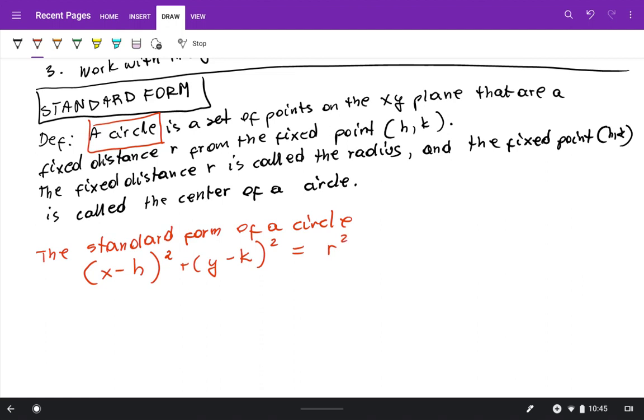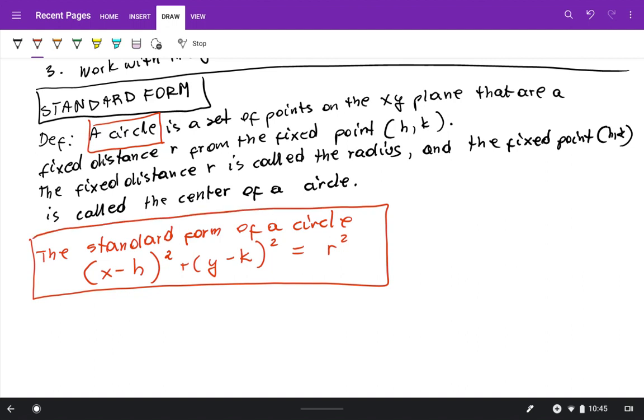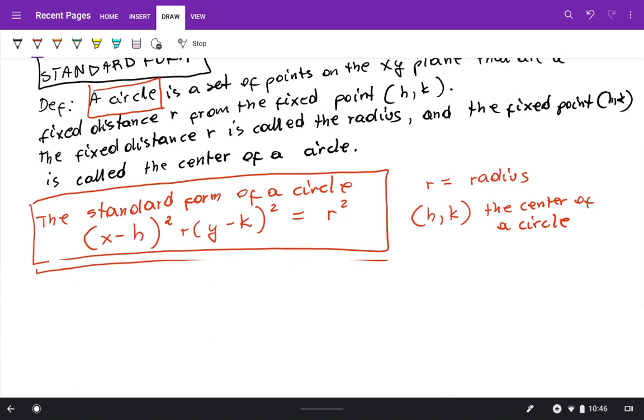This is the standard form of a circle, and we know that r represents radius, and the coordinates h comma k represent the center of the circle. So to build the equation of the circle, you need to know the radius and you need to know the center. So you need to have that given information.